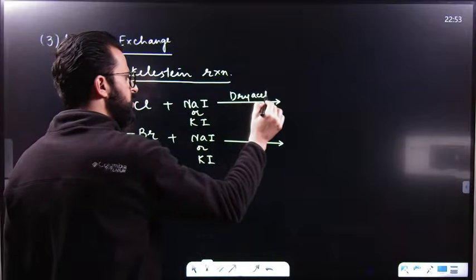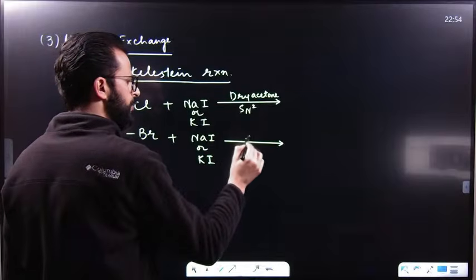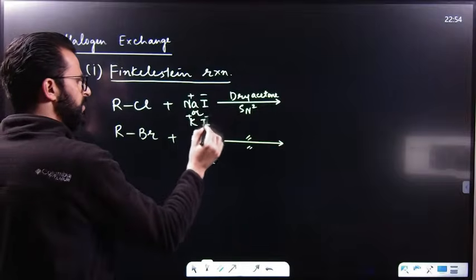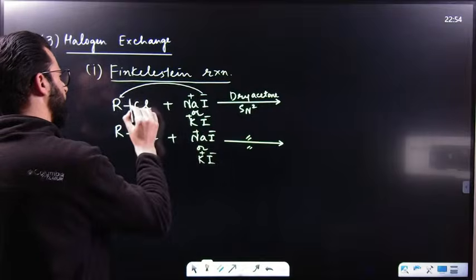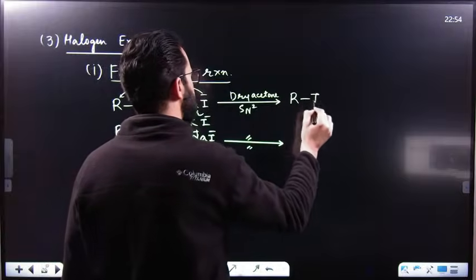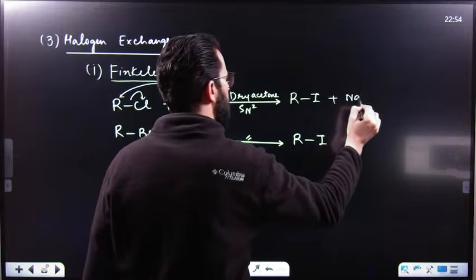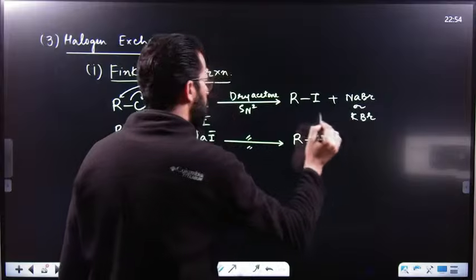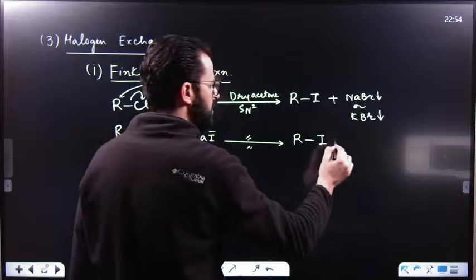Acetone is a polar aprotic solvent, hence this is an SN2 reaction. In acetone, these are soluble, so the nucleophile is generated over here. The nucleophile will attack this and the halide will leave. The product will be RI, that means alkyl iodide, and either NaBr or KBr will be formed. But these are insoluble in dry acetone, so they will be precipitated out.